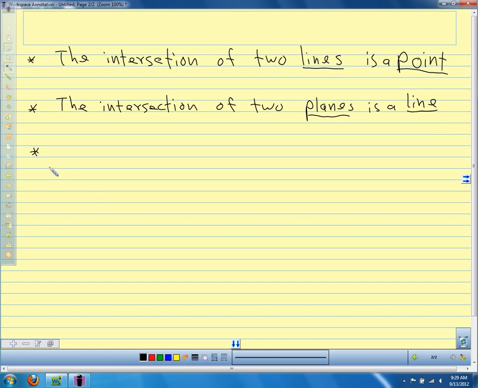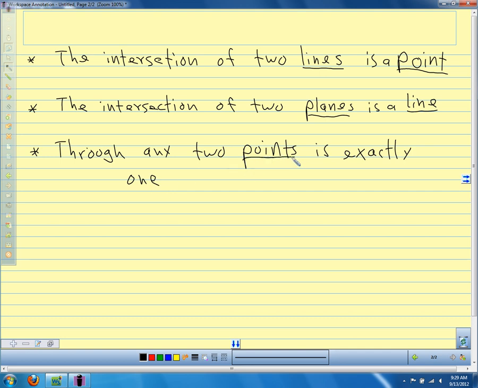Our third postulate, and we talked a little bit about this one the other day: through any 2 points is exactly one.